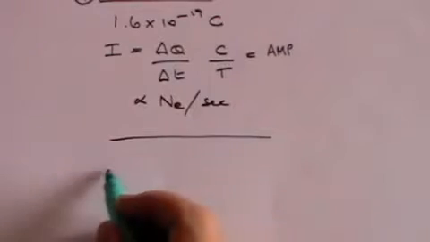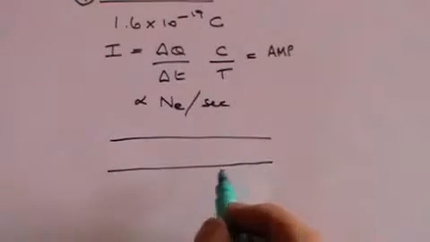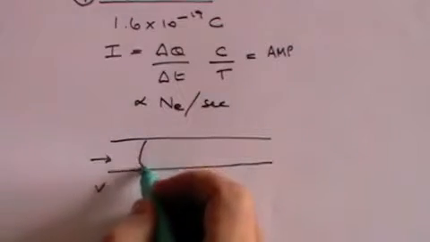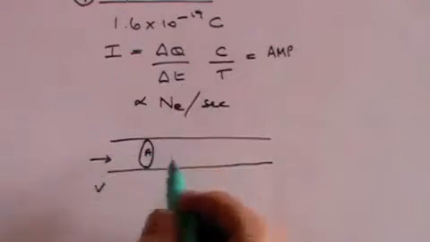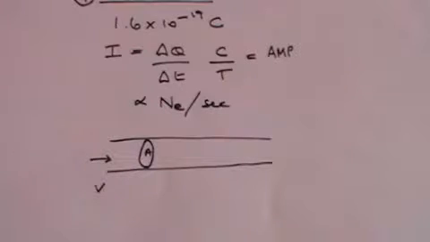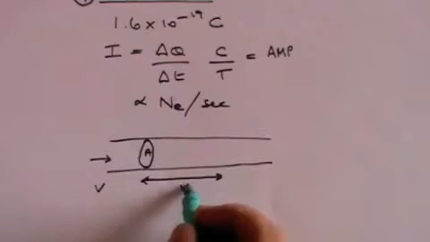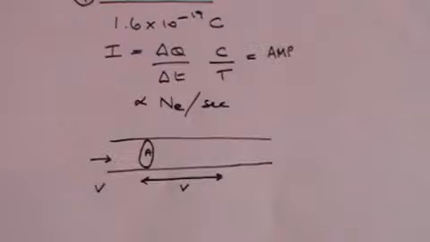Here is a length of wire, and electrons are flowing through the wire in that direction. And we're going to say that the average velocity, or what we call the drift velocity of the electrons, is v meters per second. We're going to have the cross-section of the wire with an area A, and so in 1 second the electrons will travel a distance of v meters, because they're travelling at v meters per second.